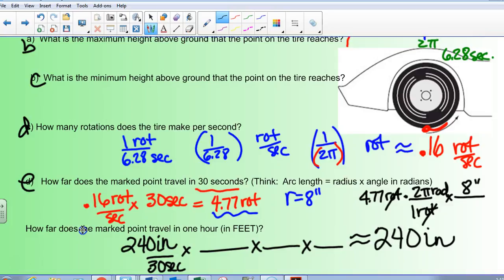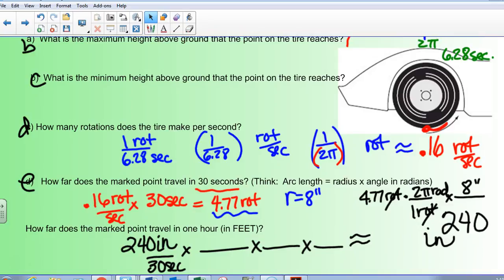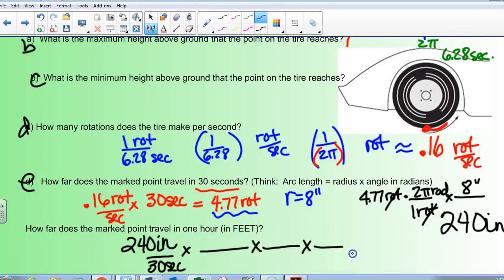Can I help? Is anybody stuck on anything else? Yeah, this looks really confusing because this answer actually goes up here, right? Not here. Here you need to do some conversions. We could do that one, right?